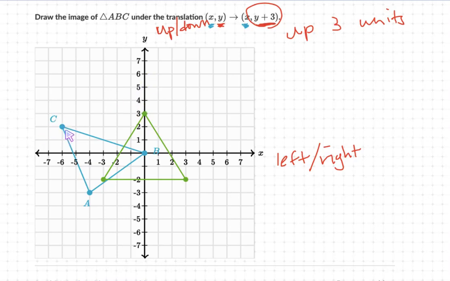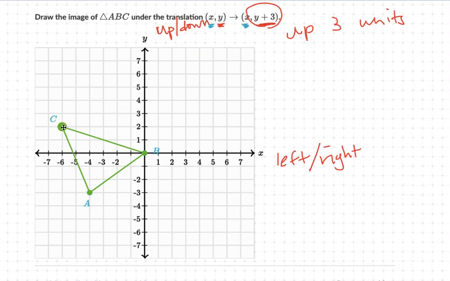So we're just going to take each of these points and, first, my tip is I like to put it exactly on the original image. That way I keep the size and the orientation exactly the same. And then I start moving stuff. Again, we're not moving it left to right because the x's are the same.